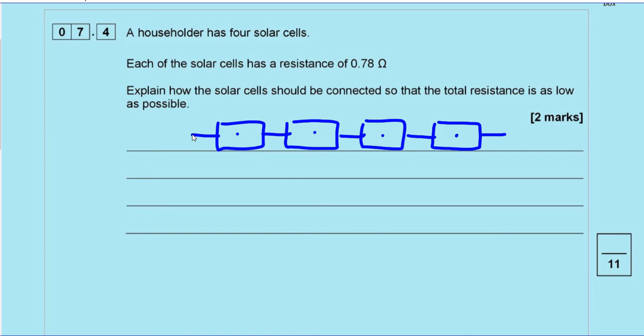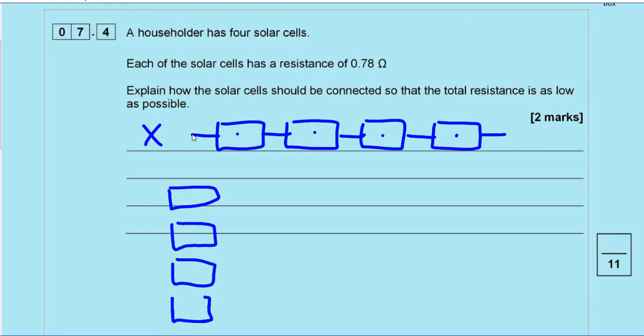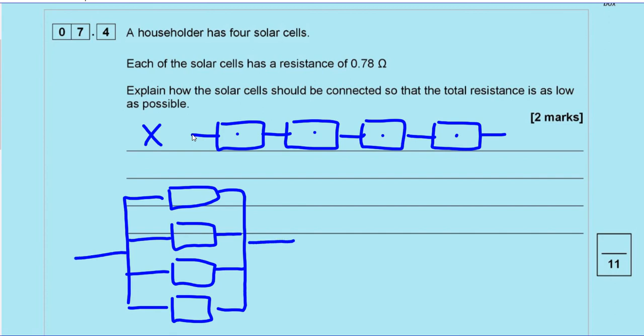So doing it that way in series would make the resistance larger. So that's not what you want to do. Okay, what we actually want to do is the opposite. We want to put these 4 solar cells in parallel with each other. So parallel, they go side by side in separate loops. Okay, so that would be the arrangement that would actually give us the lowest resistance, because what I've done there is I've created multiple pathways.